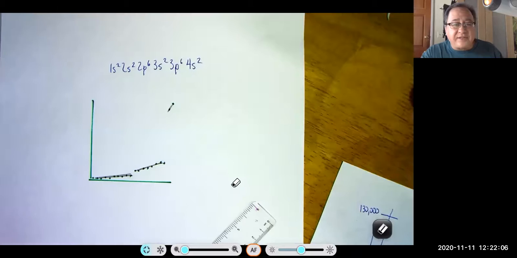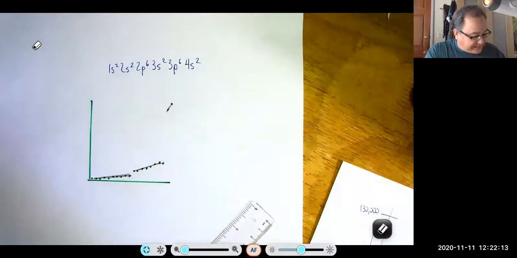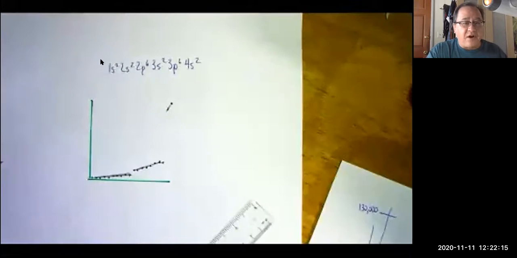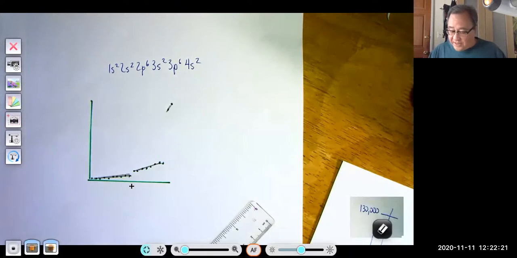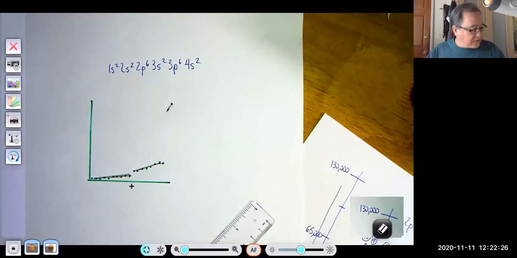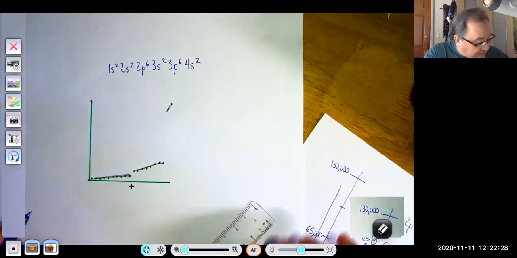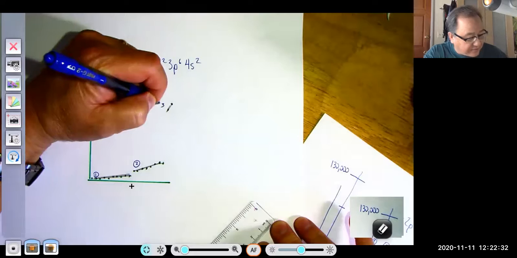And how many of these have we got here? They only show 20, and calcium does have 20. So here it looks like there's 1 set, 2 sets, and 3 sets, right?